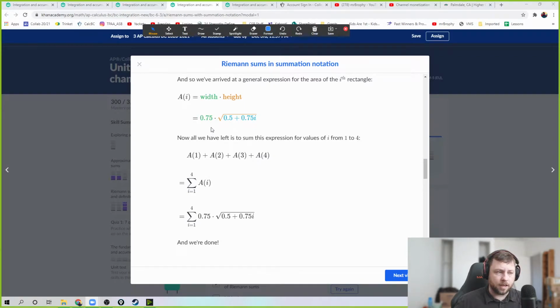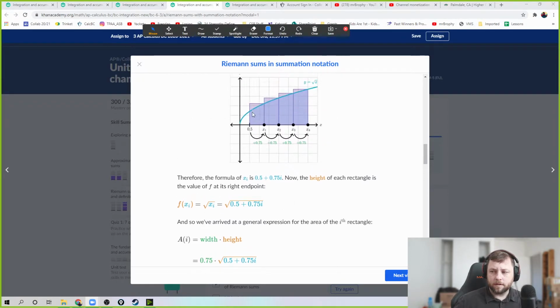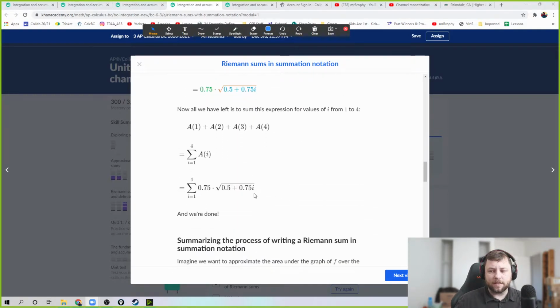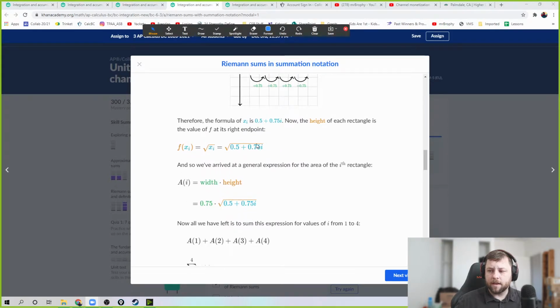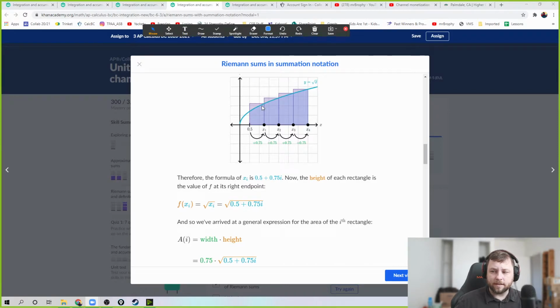If the widths are all the same, then you could just have the formula for the height be that square root times the change in x. And so you're going to see sigma notation like this. So let's say the change in x was 0.75 on each of those, and this is just the square root of x function.